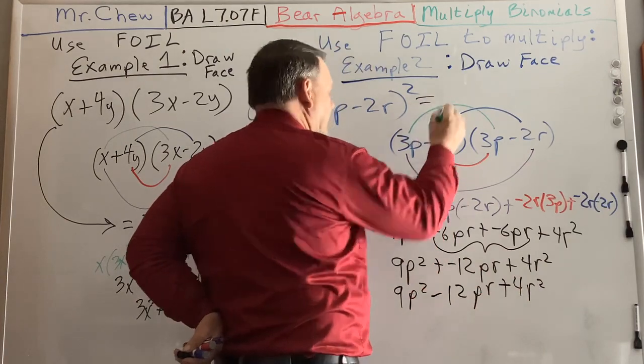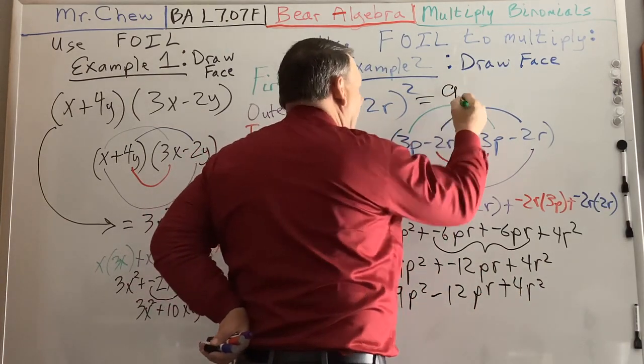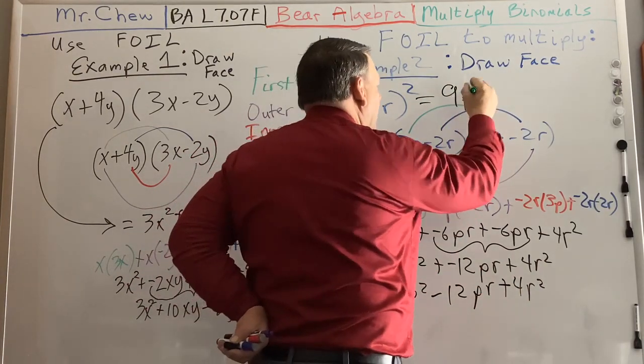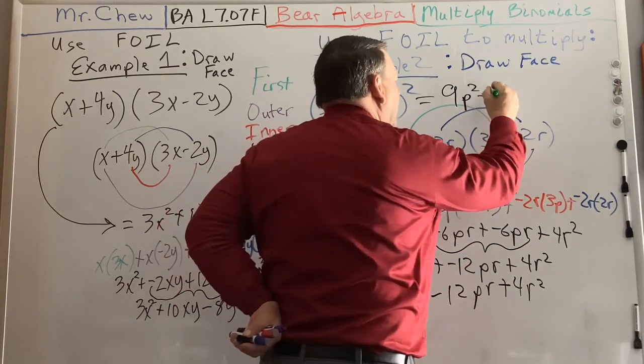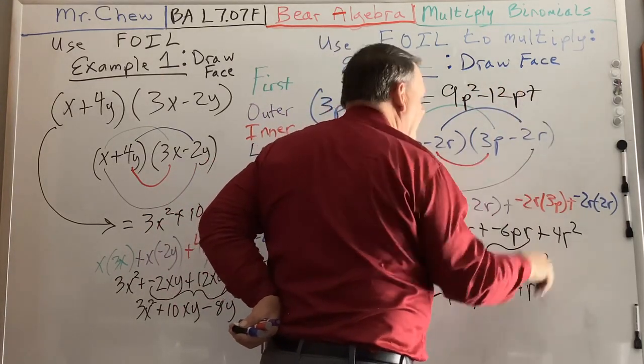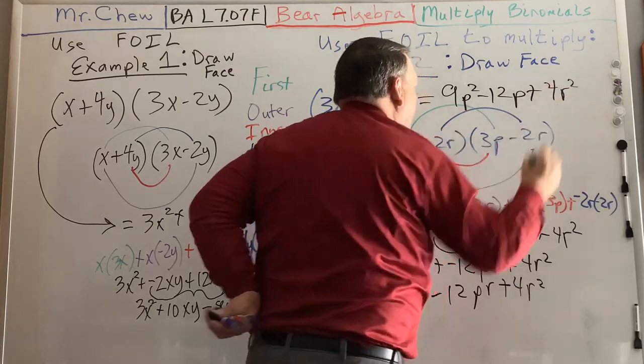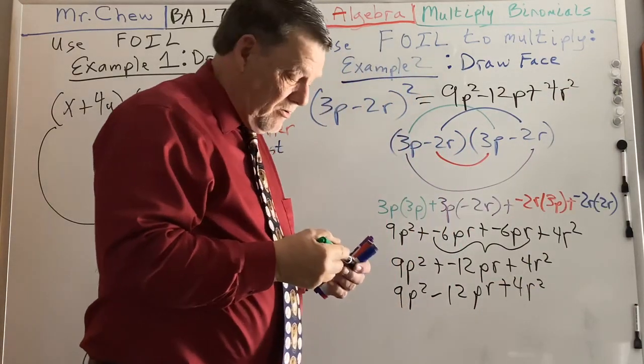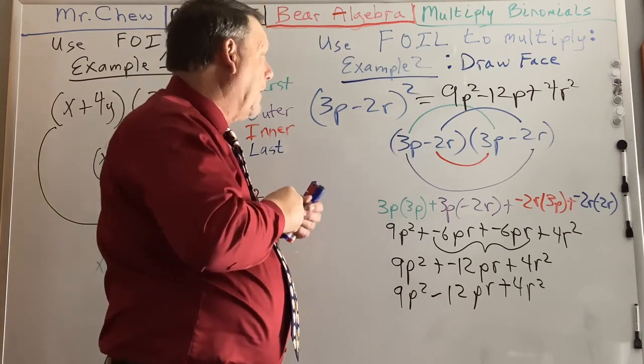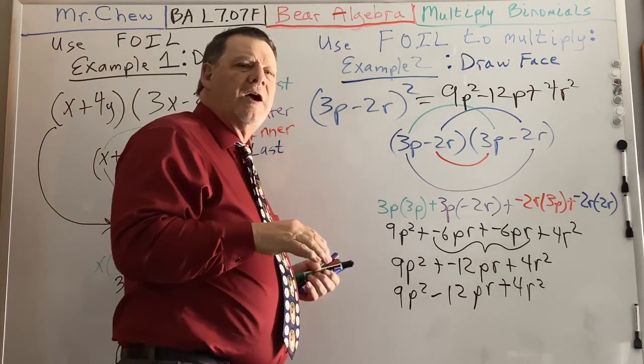So now I can say that equals 9p squared minus 12pr plus 4r squared. And this ends up being a special case, a special product that we'll teach you a shortcut on in another video.